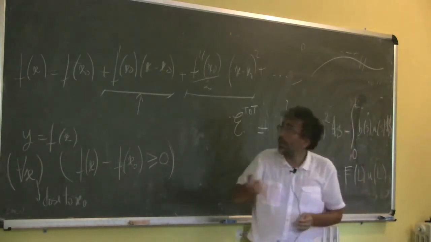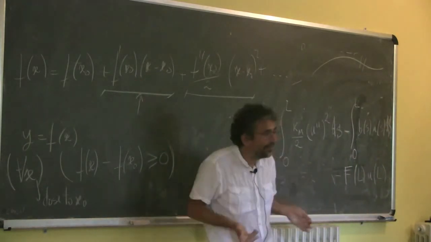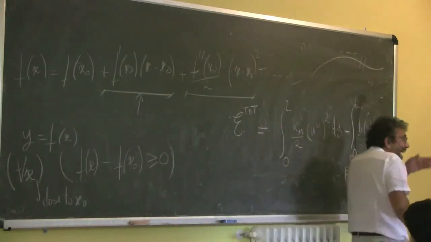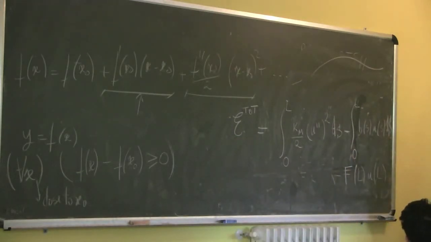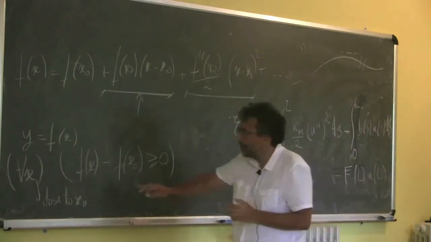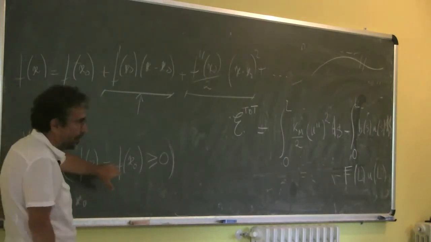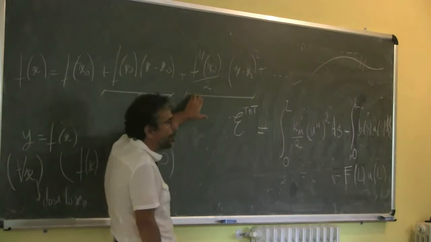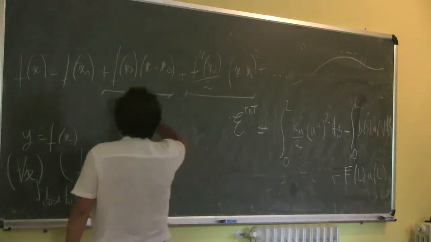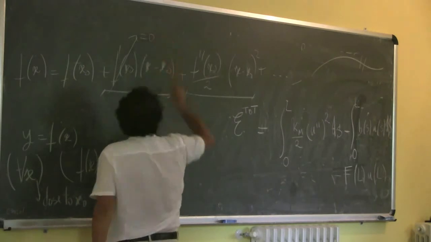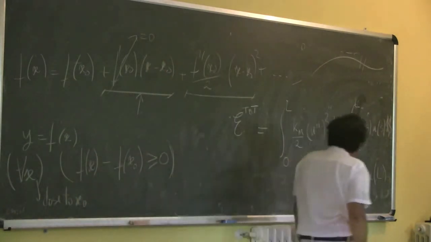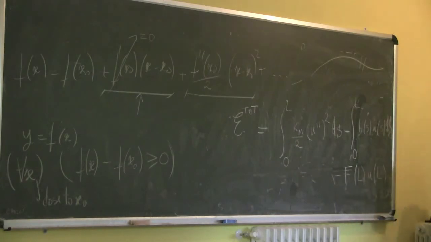Vice versa, if f prime is negative, then with x greater than x0, this quantity becomes negative. So the only possibility for our function f to have a minimum in x0 is to make this term dominant, and to make this term dominant, f prime has to be 0. This is the discovery of Lagrange, mainly.